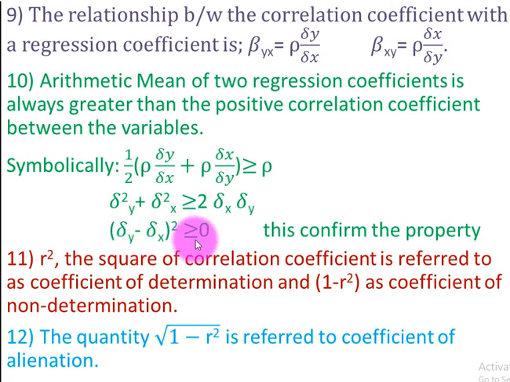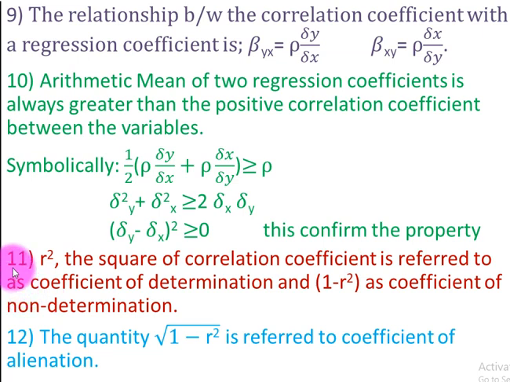So it should be greater than 0, because it may be any value that is greater than or equal to 0. So we use the greater than or equal symbol, but it may be greater than in most cases. This confirms the property.